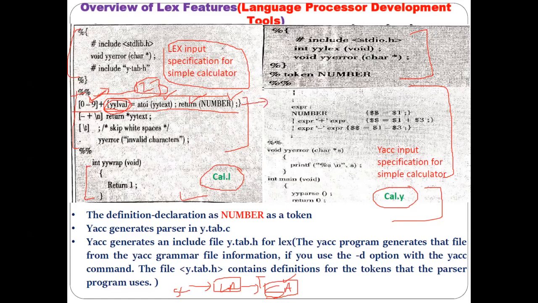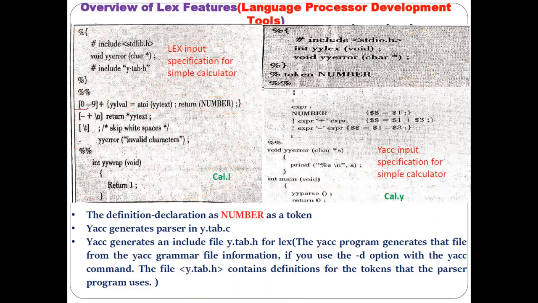Understood? I hope you understood the meaning of this rule. If you enter any digits, one digit or more than one digit, as I told you, it will match here and be returned as a token, as a number. It will be in ASCII form, so it is converted into an integer. There is a function, ASCII to integer, and if it matches, the value is stored in the variable yylval.